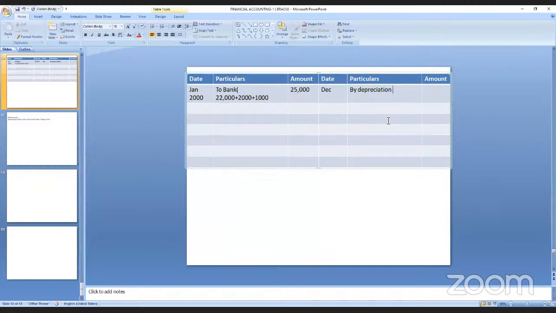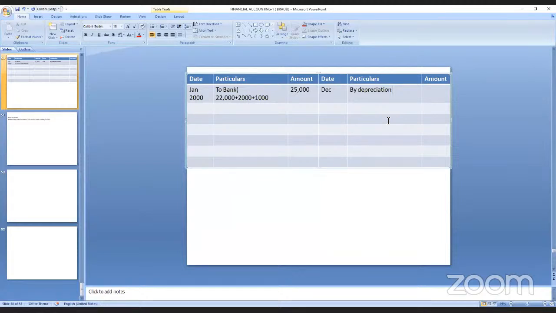Sorry, it is not 29,000 in your question. It is 22,000 only. It is a printing mistake. Instead of 22,000, they have printed 29,000. So you are telling it is 4,500? So here we got the total of 25,000, is it right?